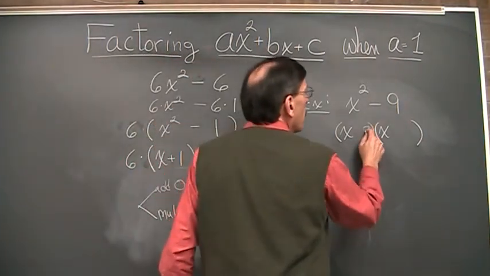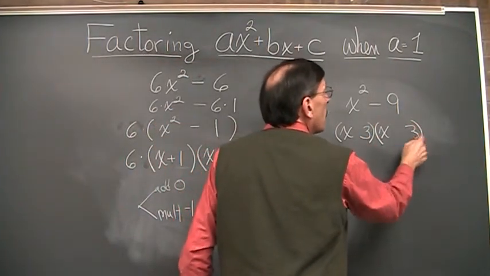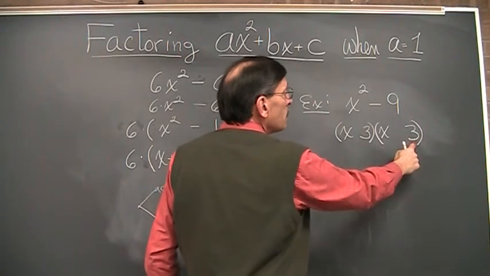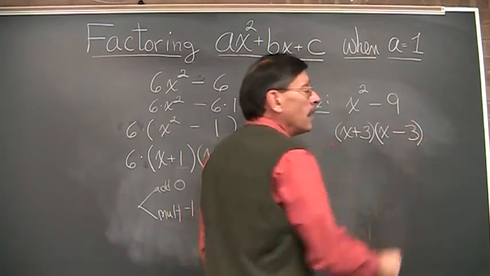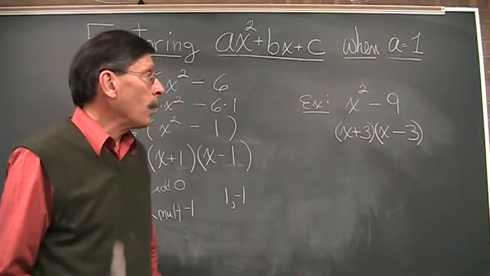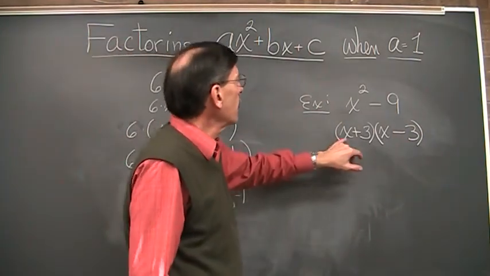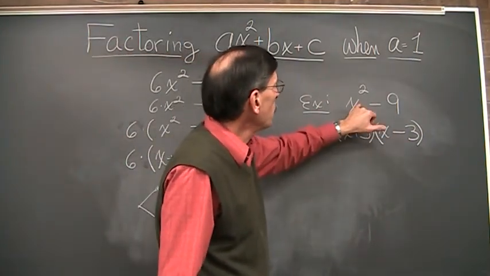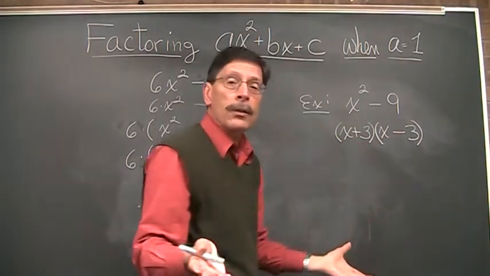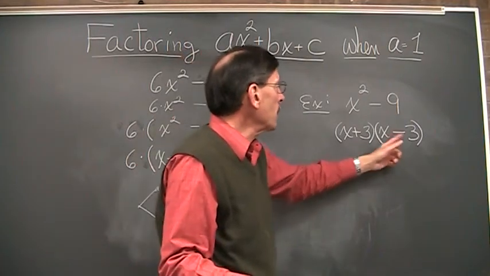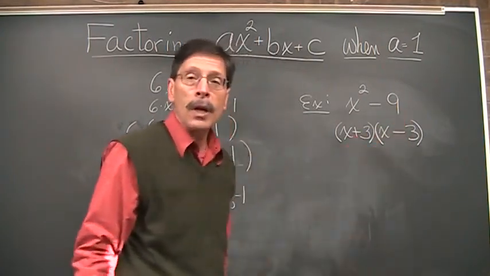I write 3 in the two last positions. I make one positive and the other negative. And when I check, x times x is x squared. Negative 3x and positive 3x cancel out. There's no middle term. And 3 times a negative 3 gives me a negative 9.